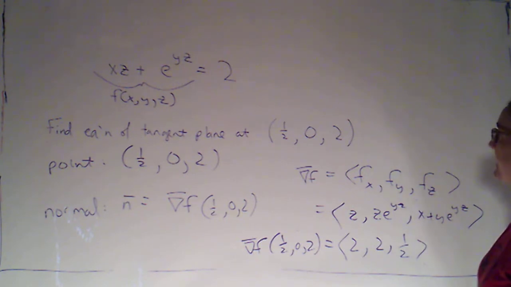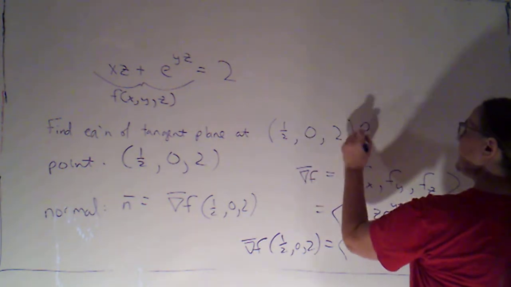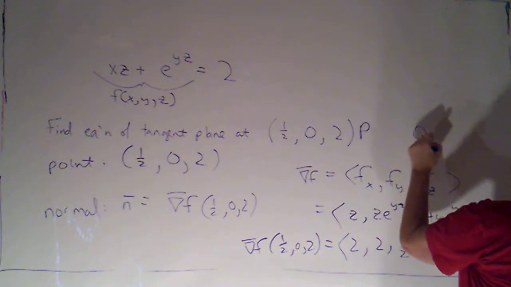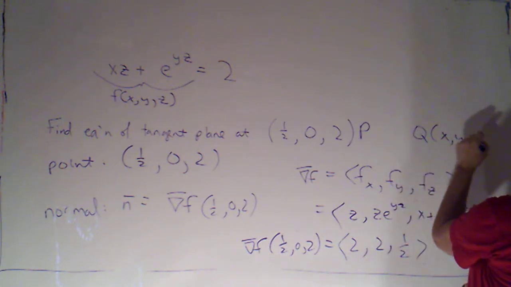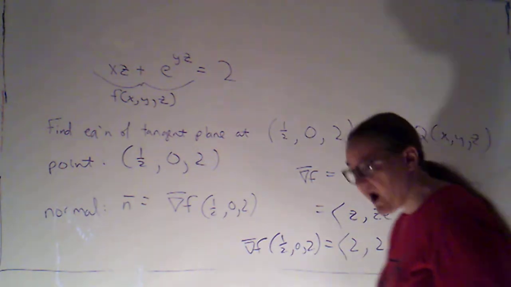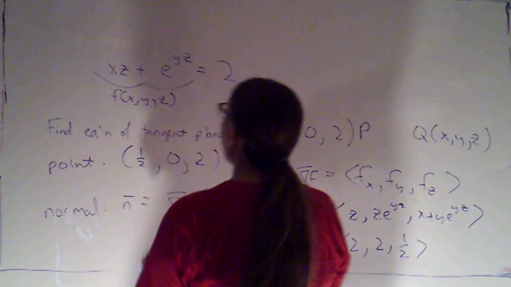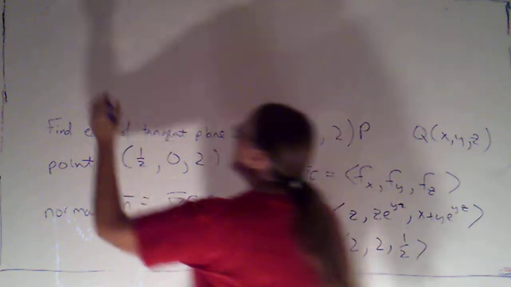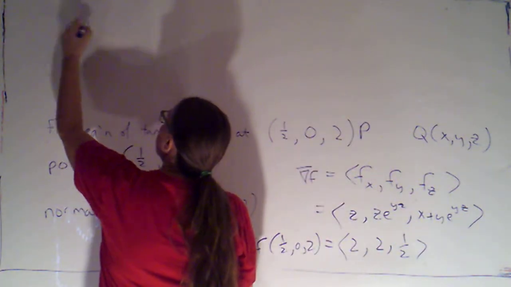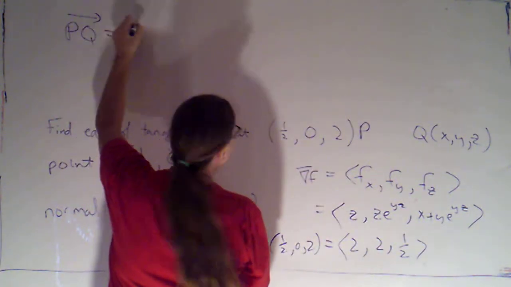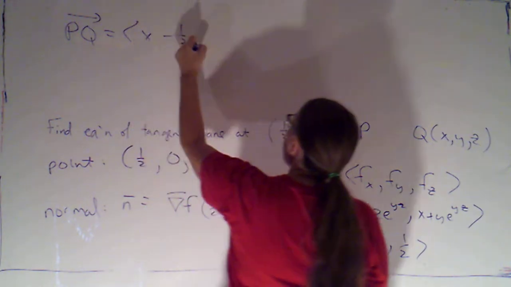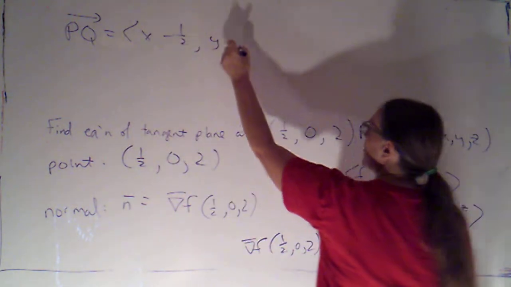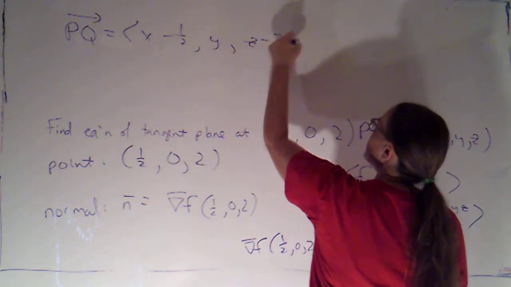Excellent. Okay. So I'm just going to call this point here P. I'm going to let Q represent an arbitrary point, x, y, z, that's going to be on my tangent plane. And then I'm going to say, if I were to form the vector PQ, that would just be x minus 1/2, y minus 0, or y, z minus 2.